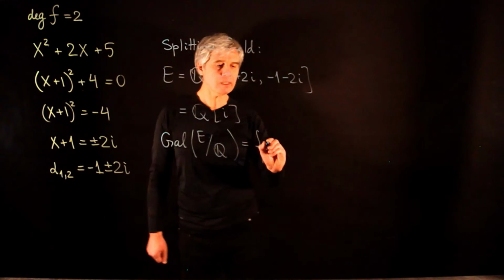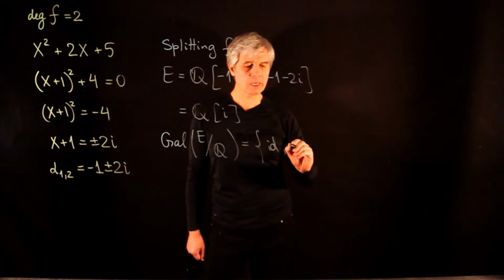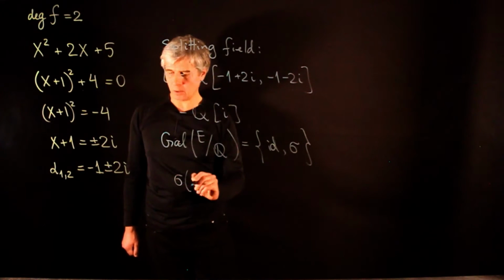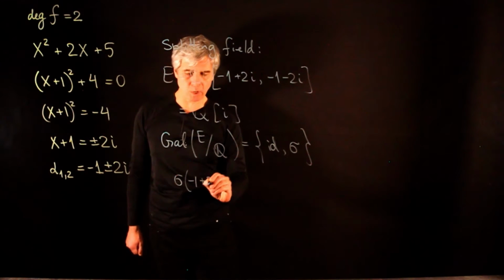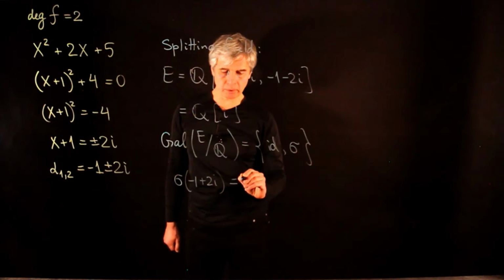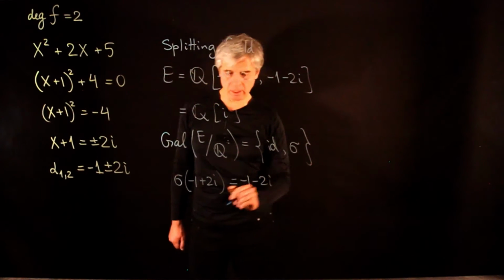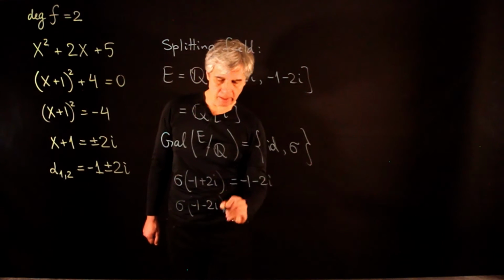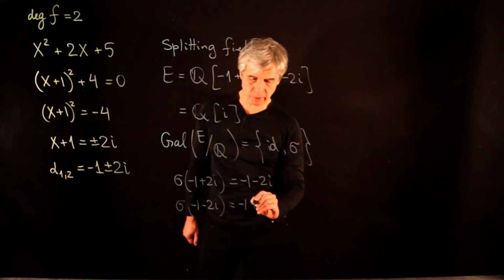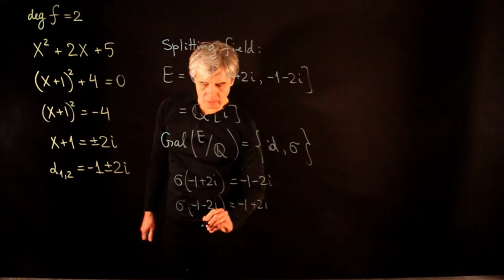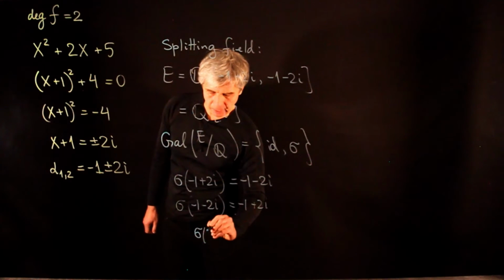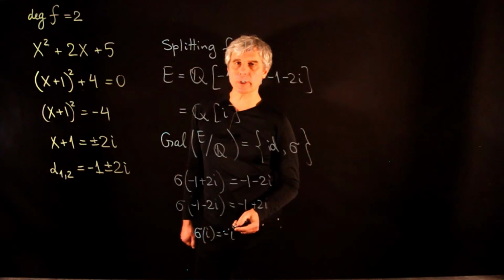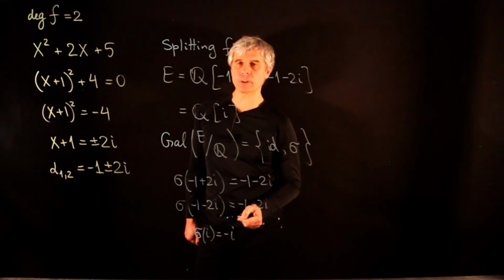It has the identity, and it has a permutation sigma, where sigma of minus 1 plus 2i is equal to minus 1 minus 2i, and sigma applied to minus 1 minus 2i is equal to minus 1 plus 2i. So it's clear that sigma of i is equal to minus i, and we can interpret sigma as complex conjugation.